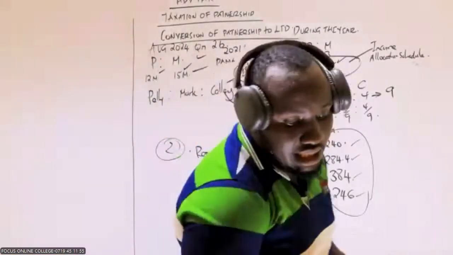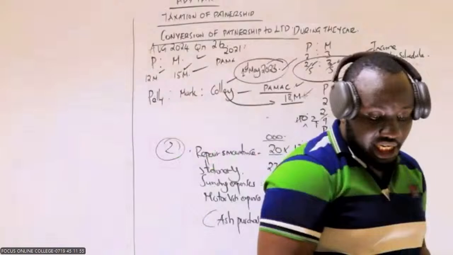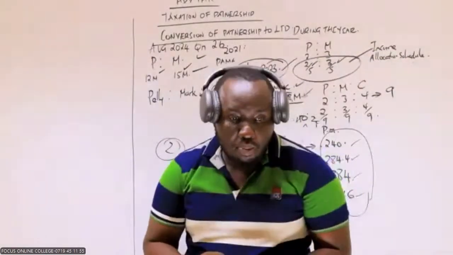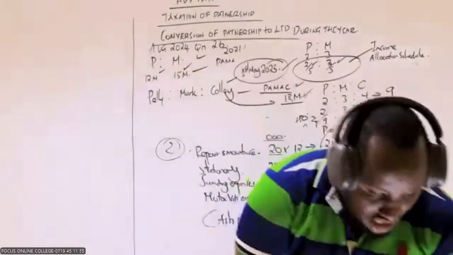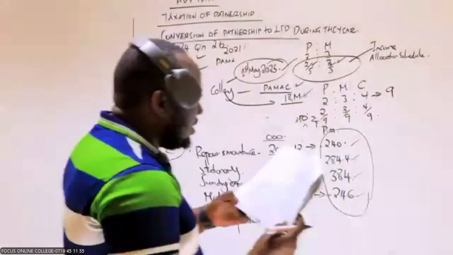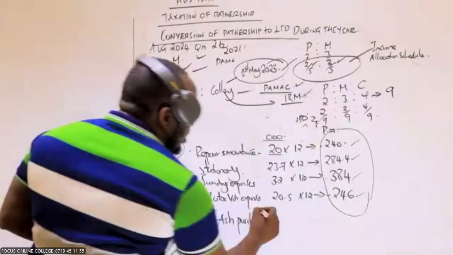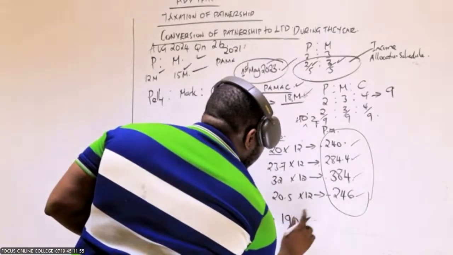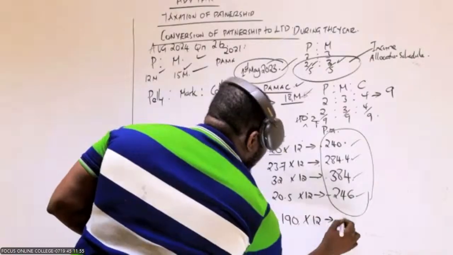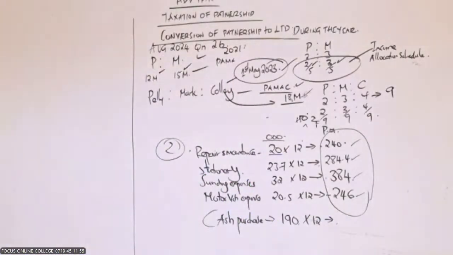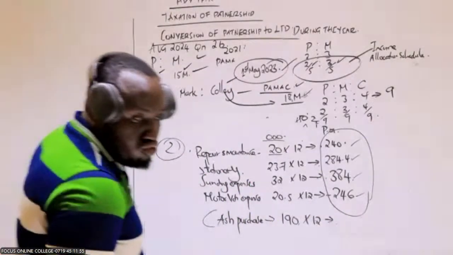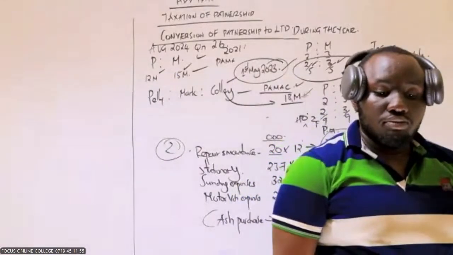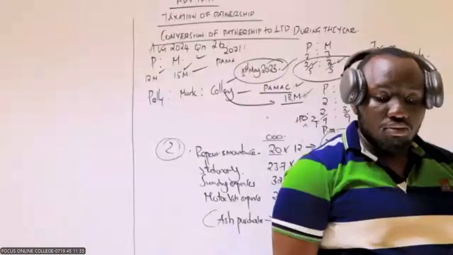Are we in agreement that that is a cash purchase? This will assist us to get the GP. So the cash purchase is a figure of 190 times 12. What is 190 times 12? We have it as 2280.